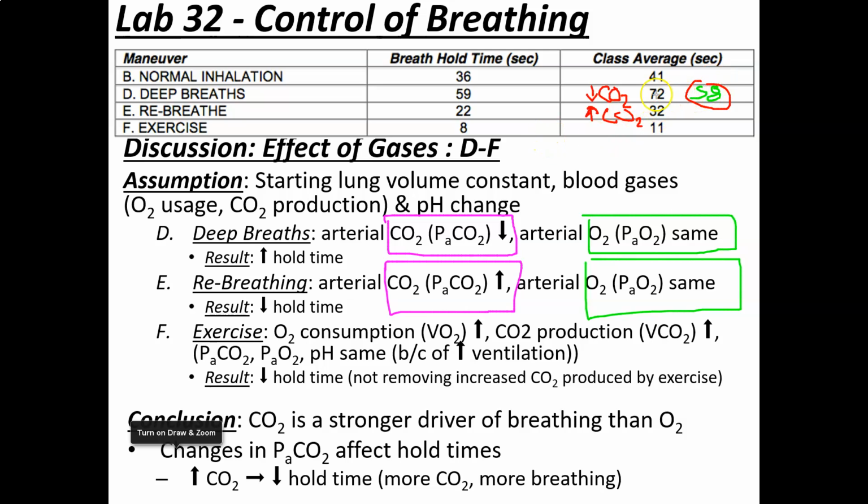So in all three cases, oxygen didn't change, but breath holding time changed significantly, and it changed exactly in the manner you would expect if it was CO2 that drove ventilation. And so the conclusion of the two experiments: the deep breaths, which is basically hyperventilation without the increase in metabolism, decrease CO2, and the rebreathing increases CO2 without changing oxygen.